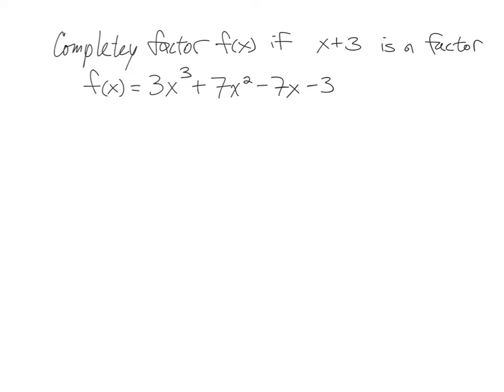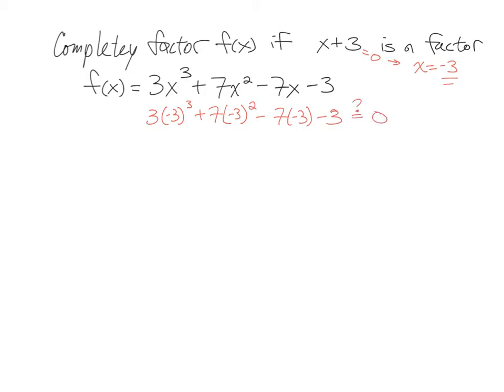You could also check me if you want by setting this factor equal to 0 and solving for x, and then substituting this value into the function. And you should get 0.